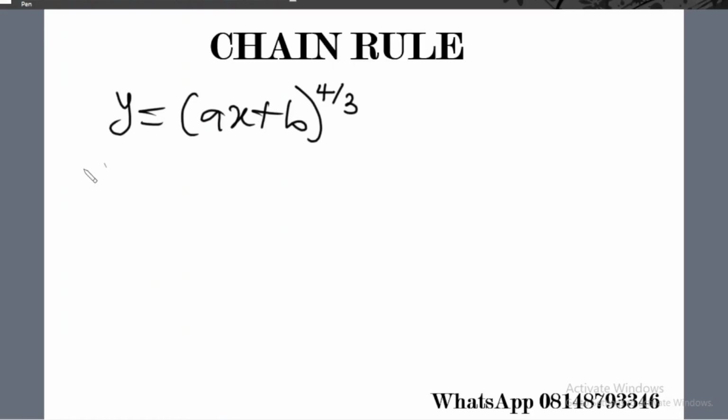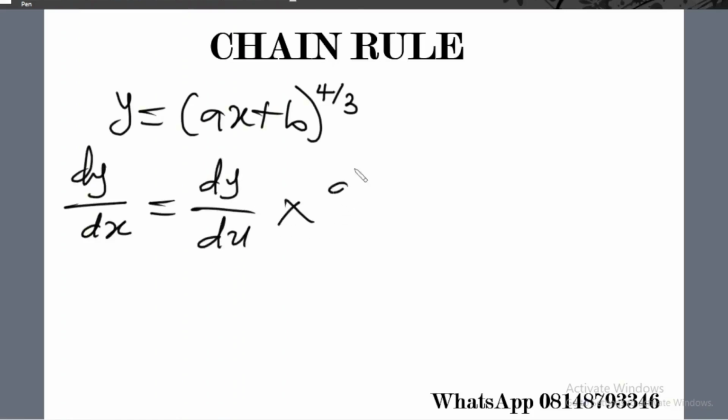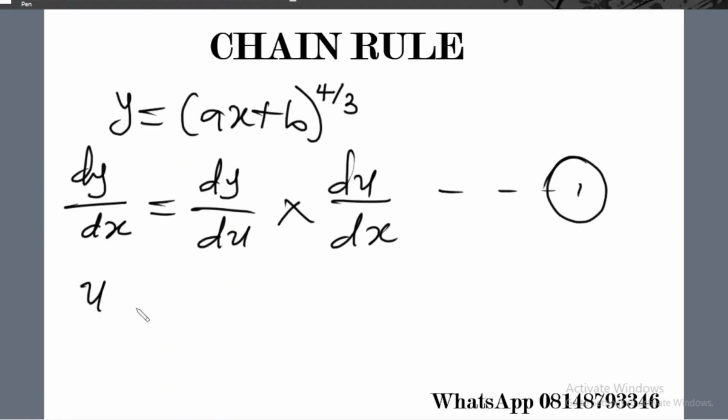The chain rule formula for differentiation is dy all over dx equals dy all over du multiplied by du all over dx. Now, we need y and we need u. We have already gotten y. So what is u? u equals the parameters in the brackets. So therefore, u is ax plus b.